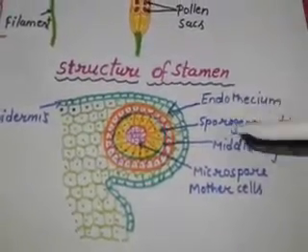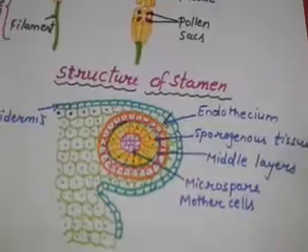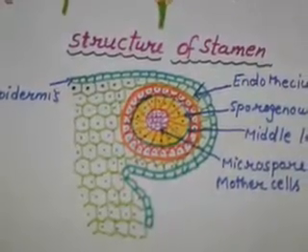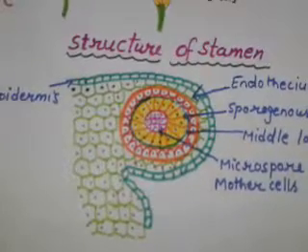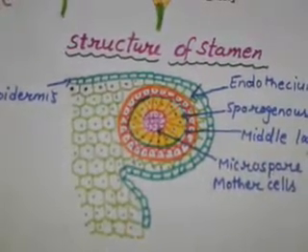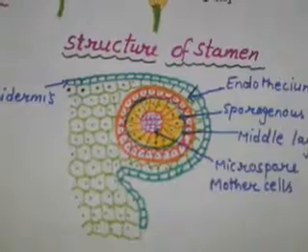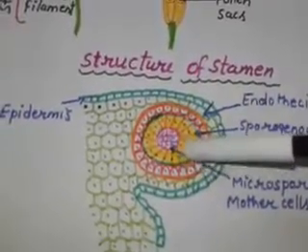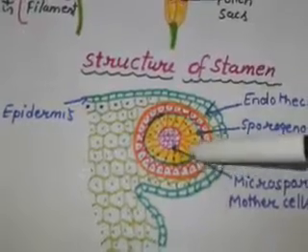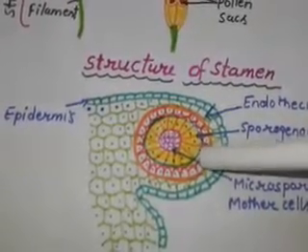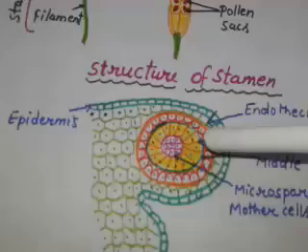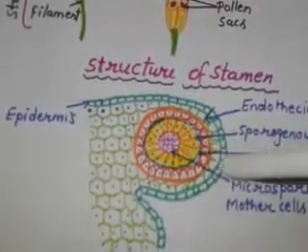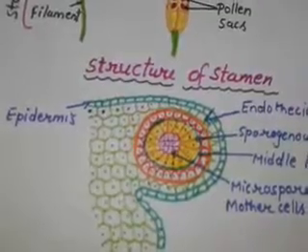Look at here, sporogenous tissue. Okay, sporogenous tissue divides itself. Above it, a layer is present called tapetum. Okay, this is tapetum. Okay, students, these tapetum cells have 2 nuclei and give nourishment, give nutrition to the cells which form pollen grain.